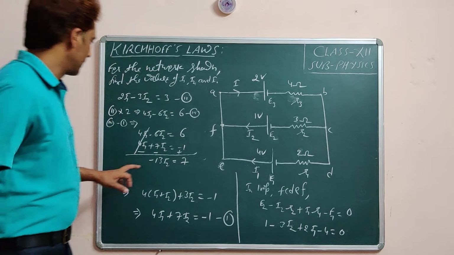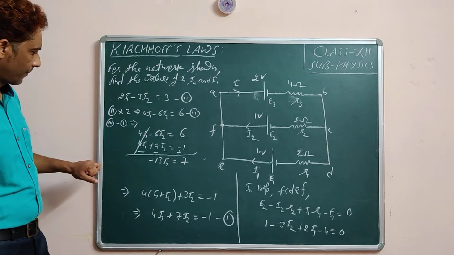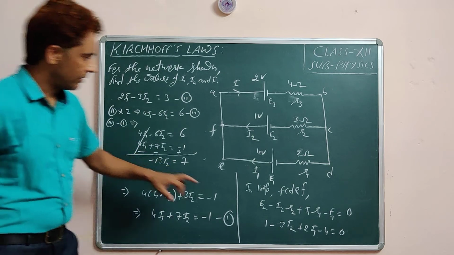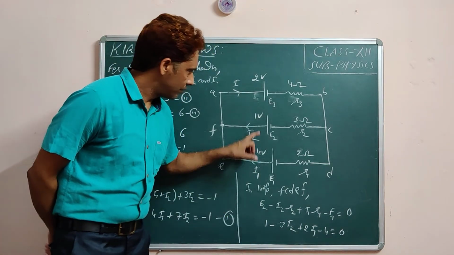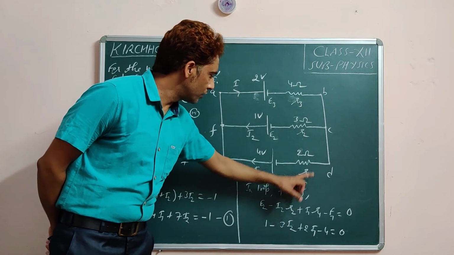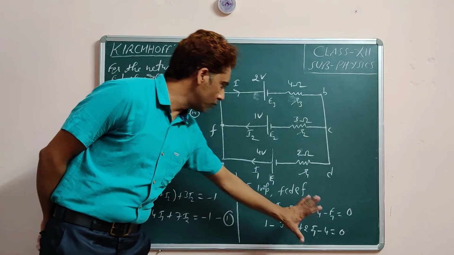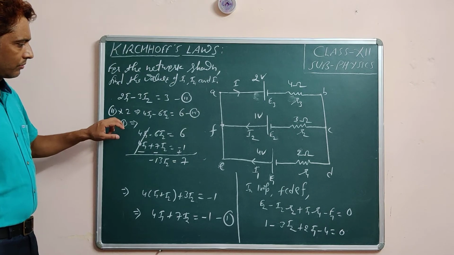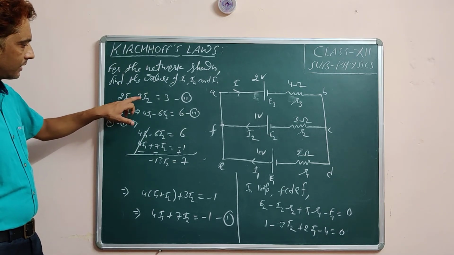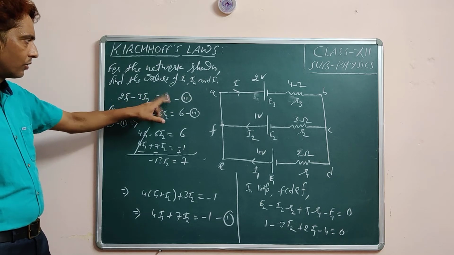You can just check the signs. Here it is 1 minus 3I2 plus 2I1 minus 4 is equal to 0. So 2I1 minus 3I2 is equal to 3.